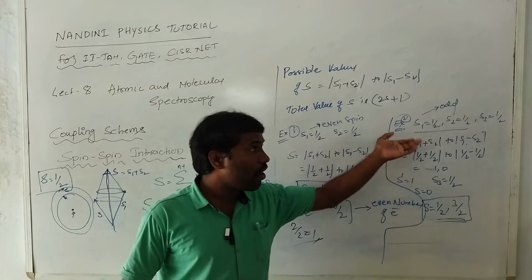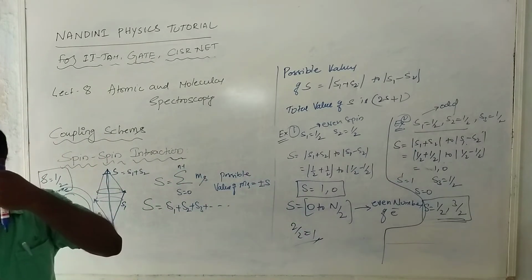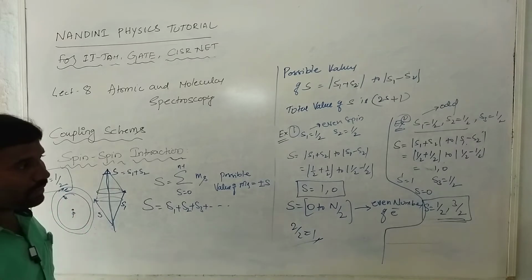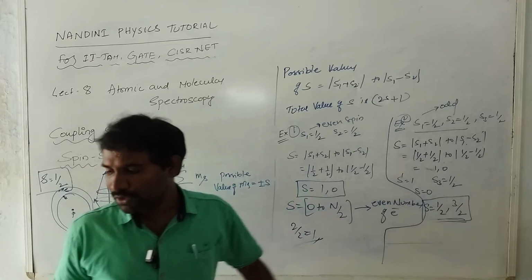If you consider an odd number of electrons, for odd number of electrons you take 1 by 2, 3 by 2, and so on up to n by 2.